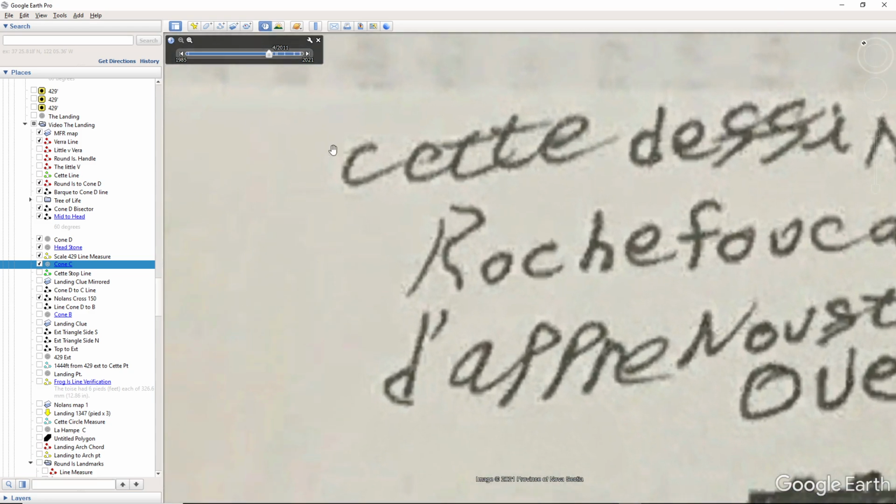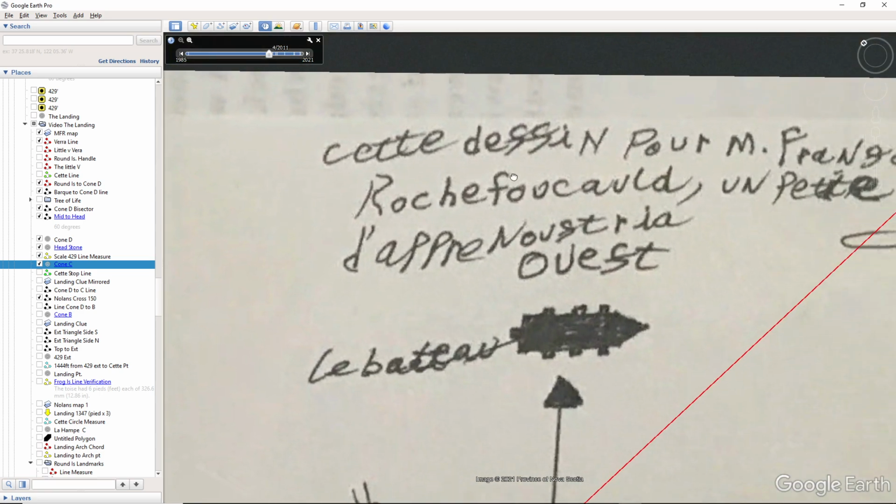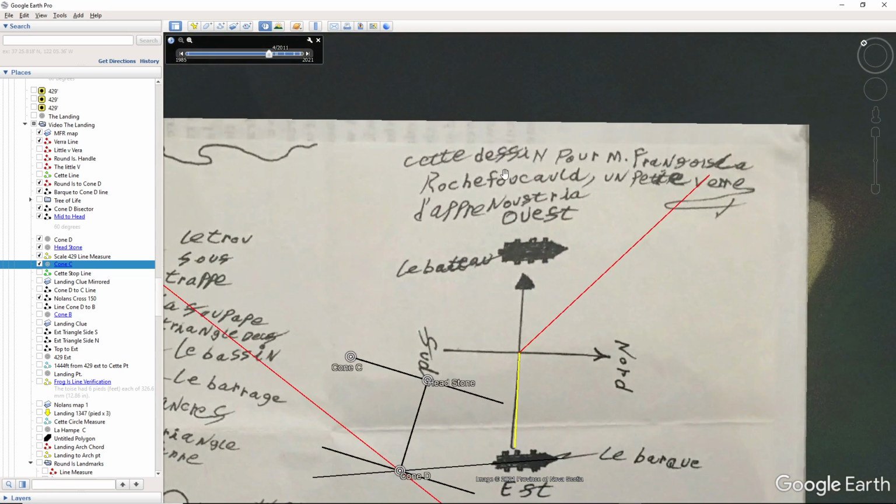This is ETTE, just like in the petite, but it's wrong. It should just be CE. And what Olivier from Oak Island Research did is he found that this establishes this line right here, and that's called the set line.